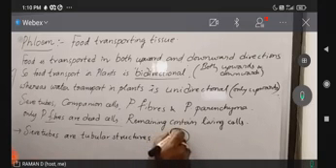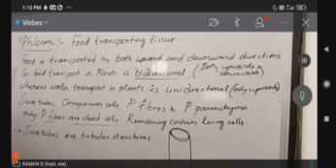For example, this is a sieve tube and this is the wall. Here many holes are present in it.